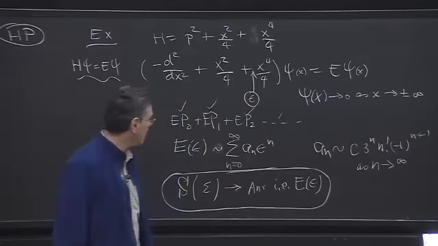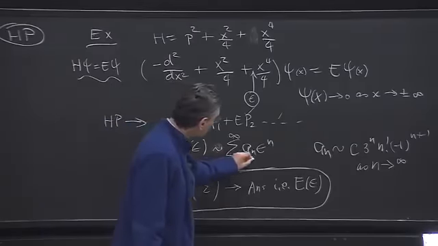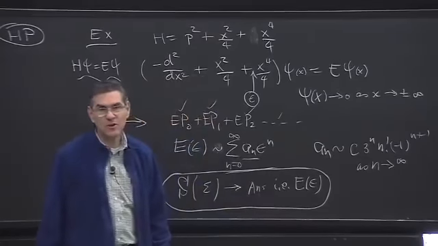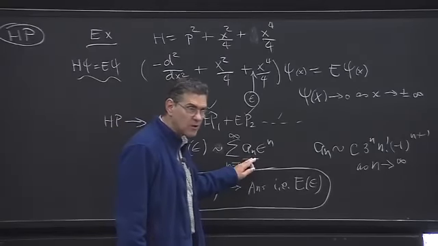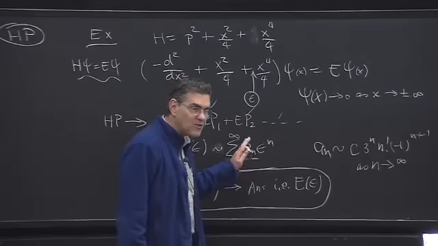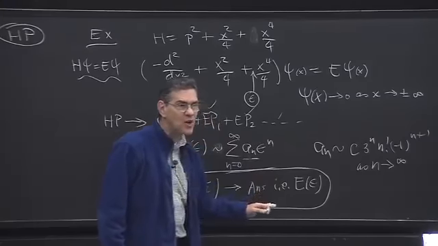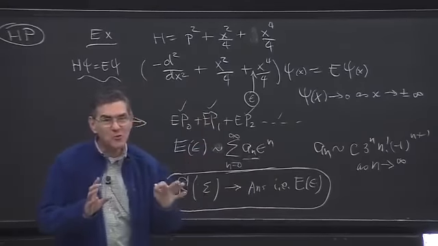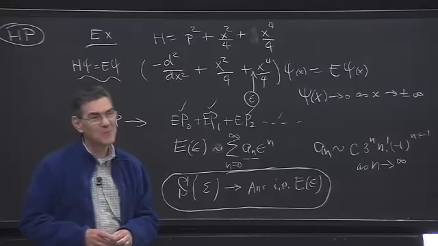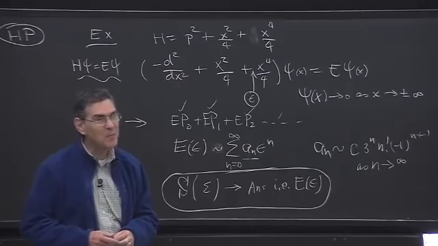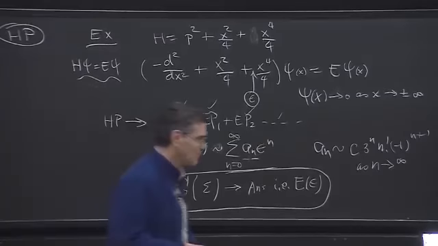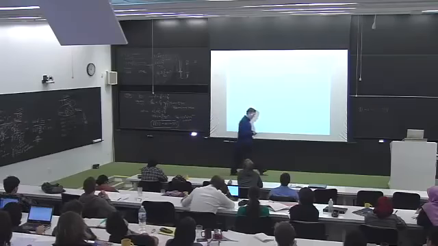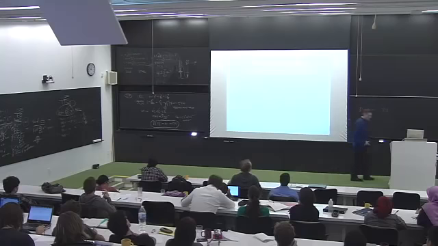So typically, we only have a finite number of terms in the series. And because typically we only have a few terms, we're trying to sum a divergent series where we only know a few terms. This is a really hard problem. Okay, that's the reason why this is interesting.